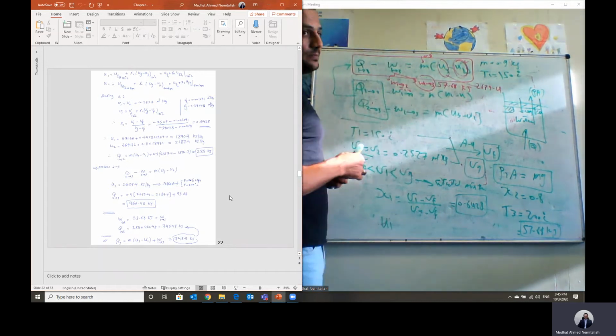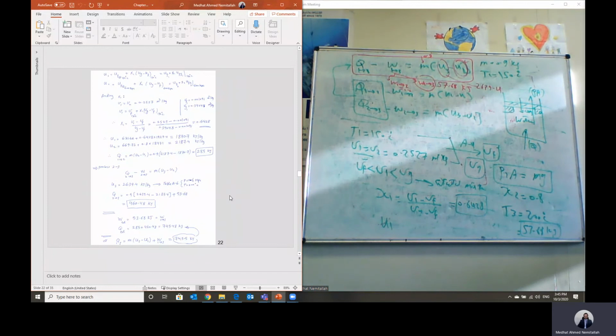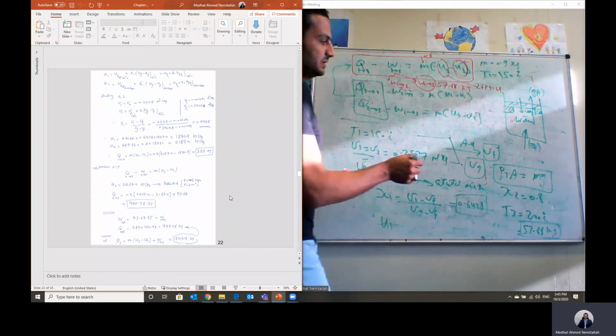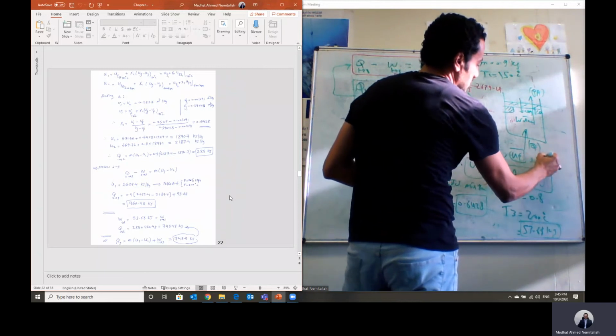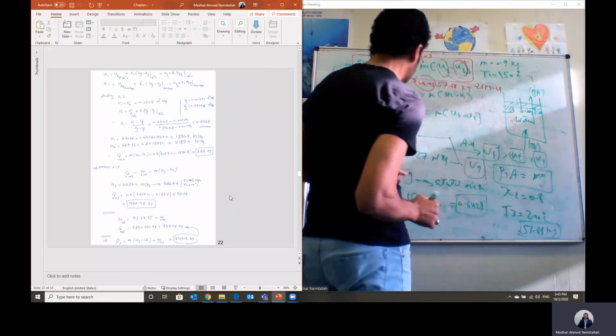From this table, at the temperature T1, in addition to V fluid and V gas, I will get U fluid and also the value of U gas at this temperature.